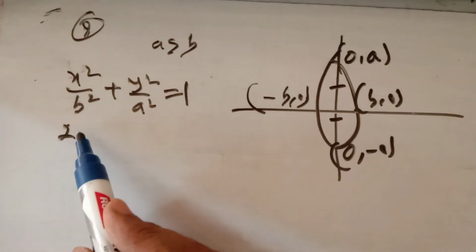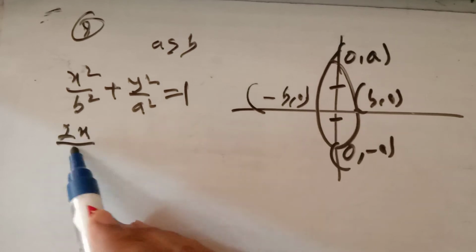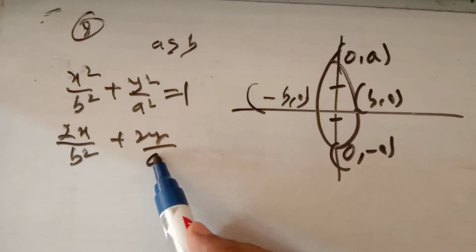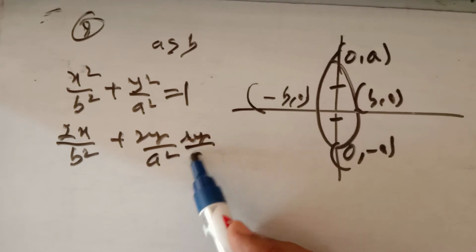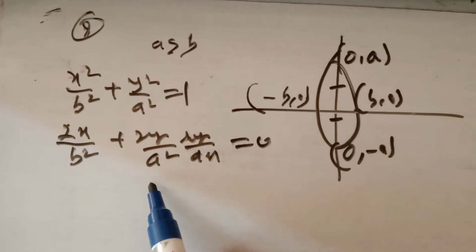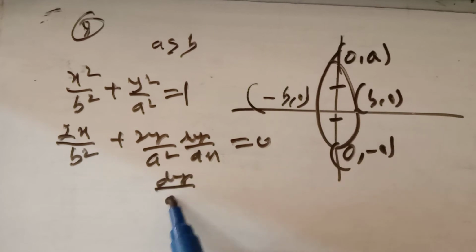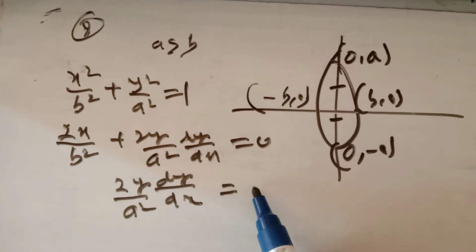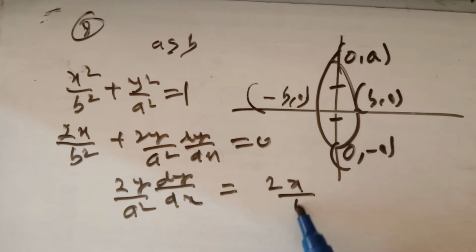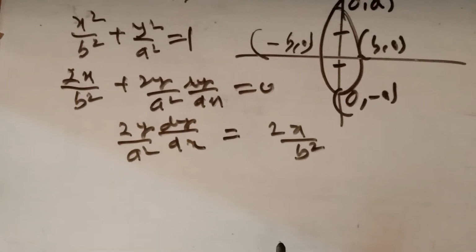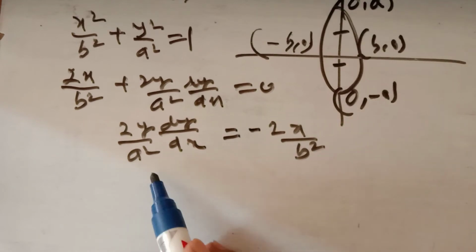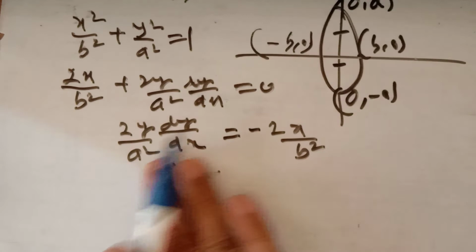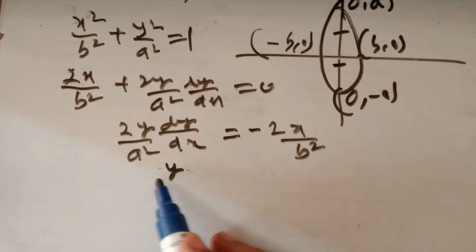Now you can differentiate it: 2x upon b square plus 2y upon a square dy/dx equal to 0. So see it carefully, dy/dx is equal to minus 2x upon b square, so it will be b square upon a square, and rather I'll take the constant on the right hand side.